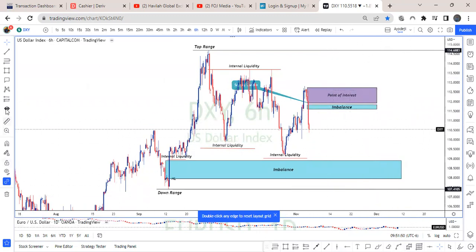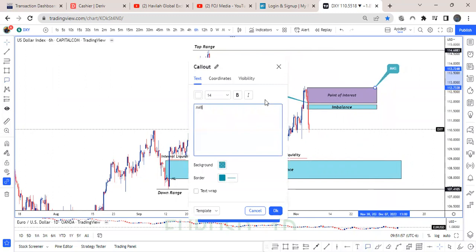So let me label it. This is M45, M45 POI.